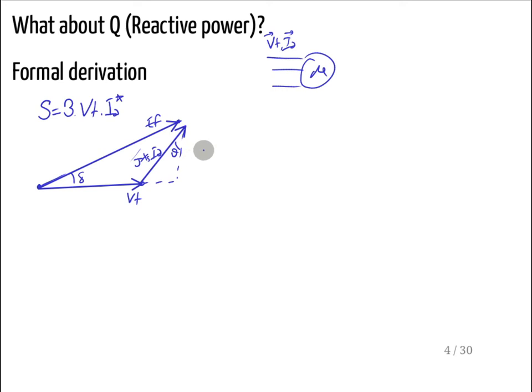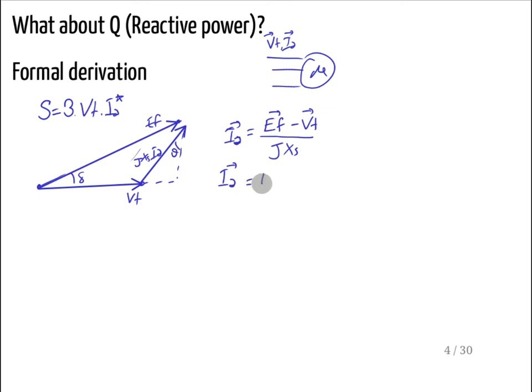So I can write the Ia vector as equal to EF minus Vt vector, divided by jXs. Vt is in the real part, so EF can be separated into two parts.